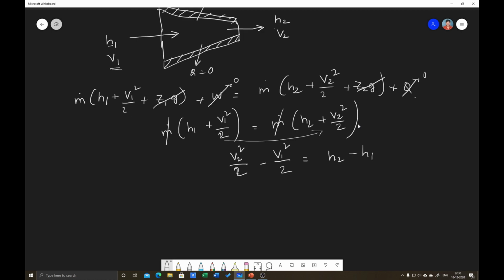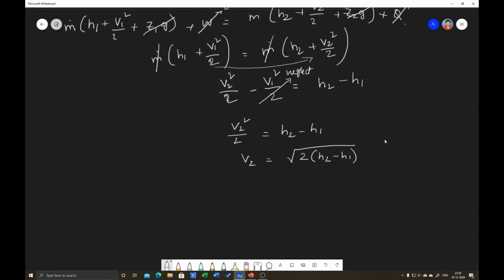Generally, at the entrance of the nozzle the velocity will be very small. So if you neglect this, it becomes v2 square by 2 is equal to h2 minus h1, or v2 is equal to square root of 2 into h2 minus h1. Keep in mind that this h should be substituted in joule per kg.